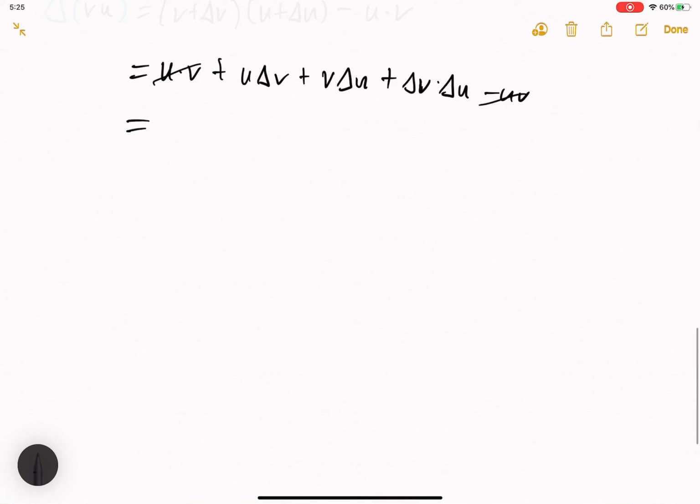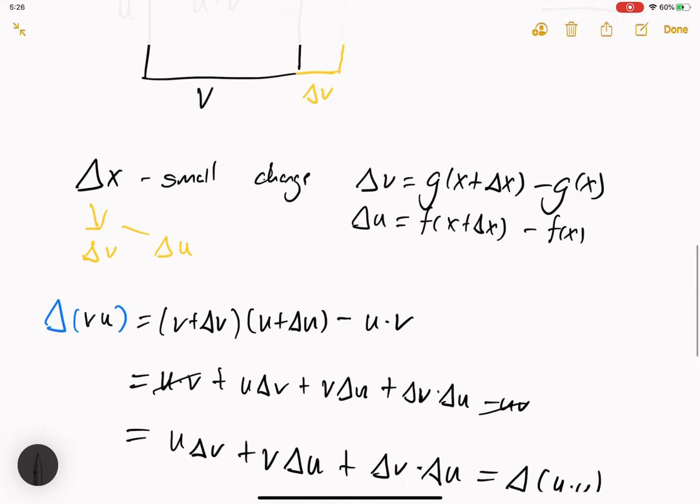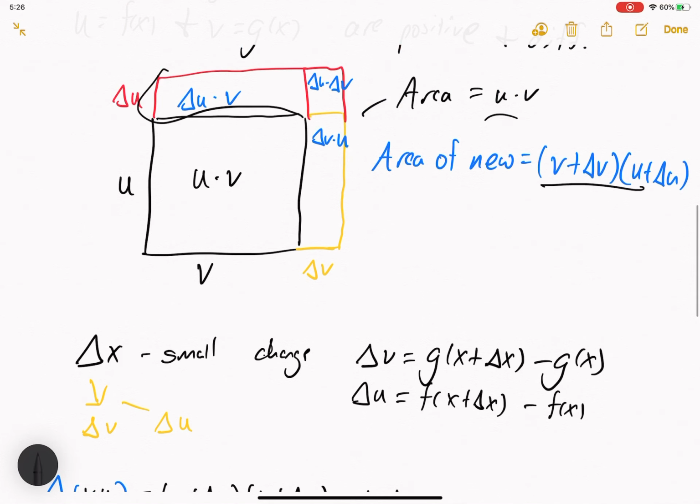So those cancel. We just get u delta v plus v delta u plus delta v times delta u. And remember what this was equal to? Delta u times v, so it's equal to that change in area. Basically, the area changed by whatever the areas of these rectangles are.